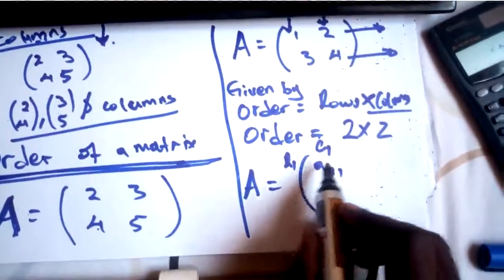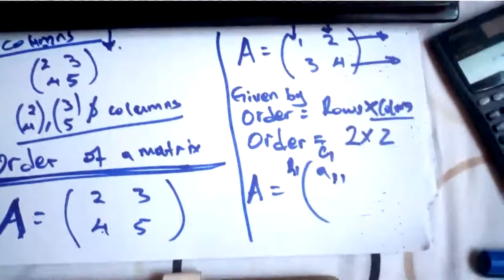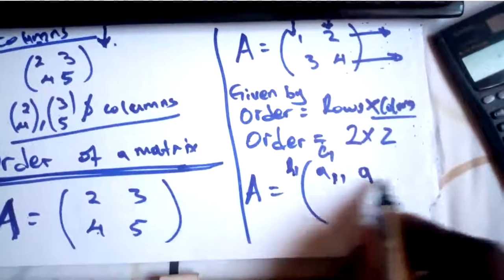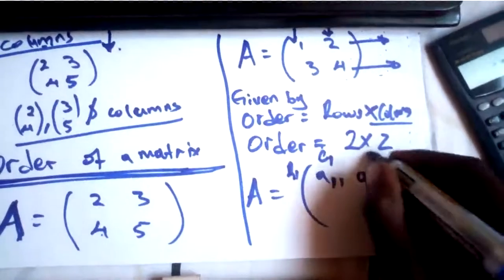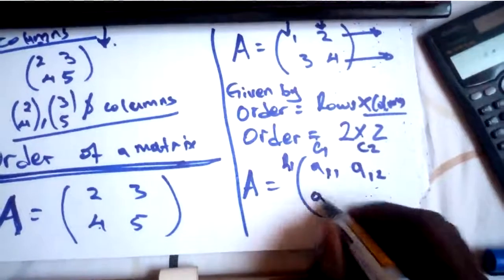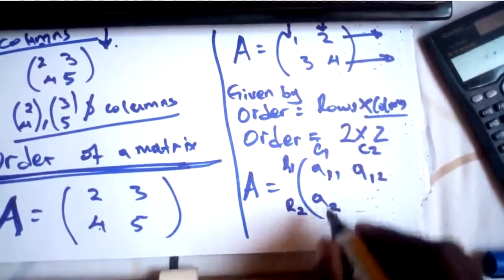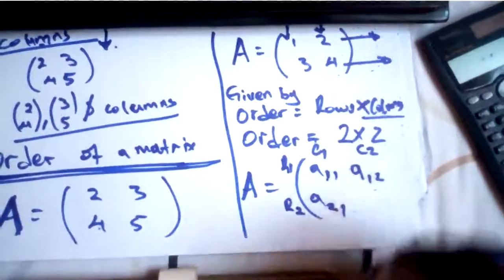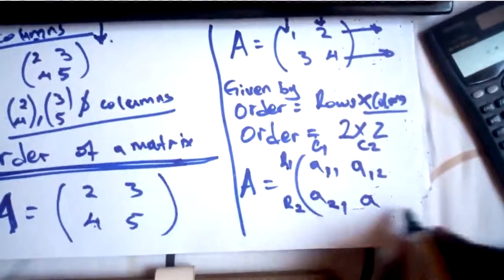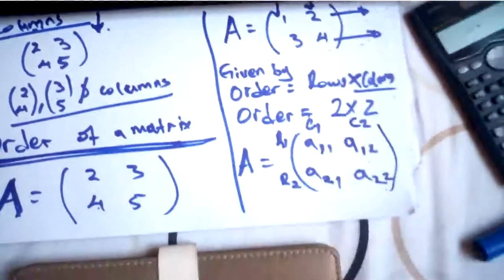For the first one, row 1, column 1. I have another one, first row, second column. I have another one, second row, first column. I have another one, second row, second column.